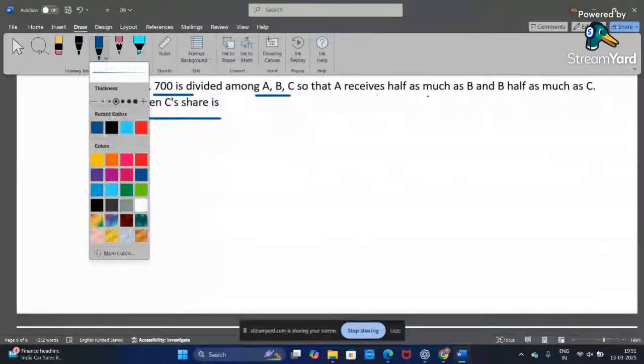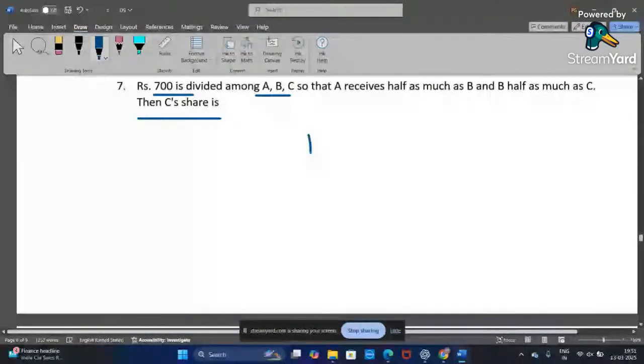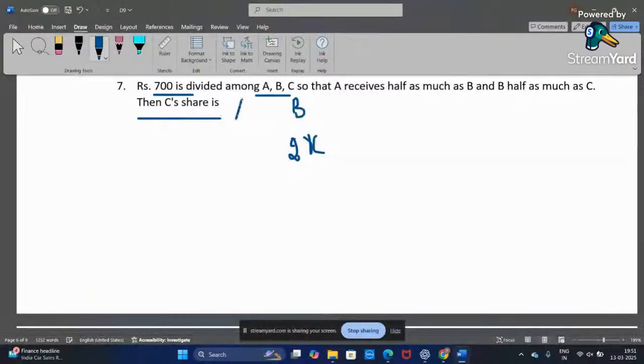That means let us take B as 2x, right? Then let us write it as A, B, C. A receives 1/2 of as much as B. First let us write B. Half of B means it is just x, right?